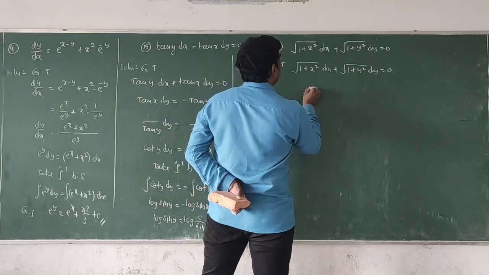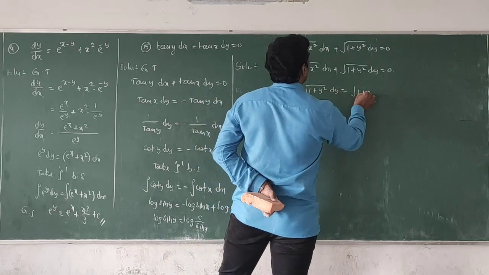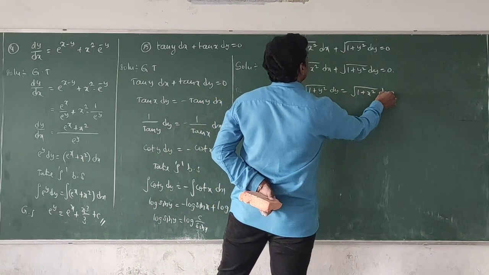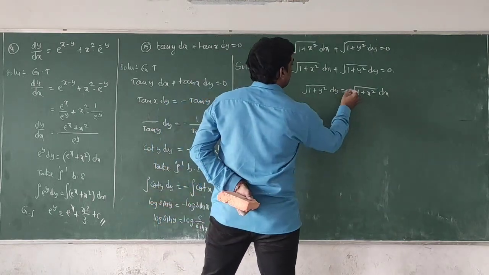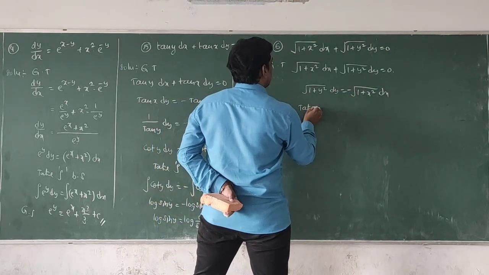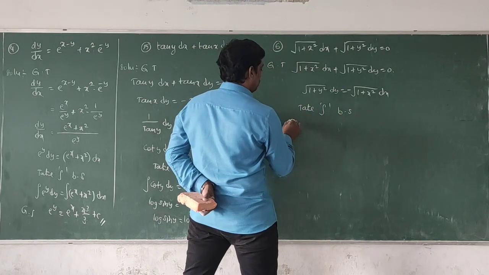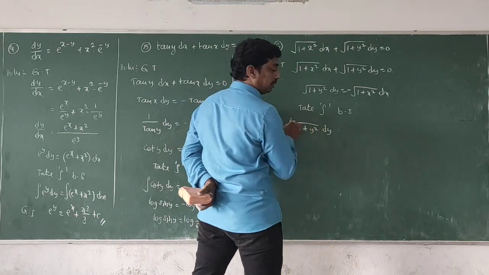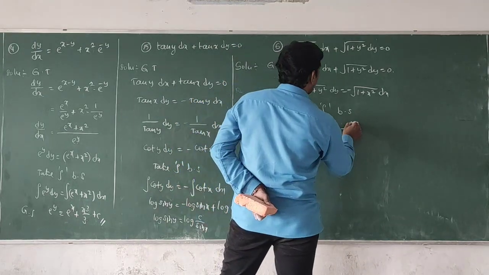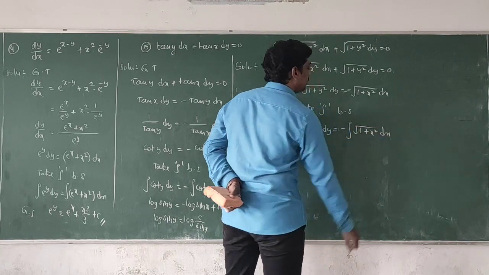Then we get square root of 1 plus y square into dy equals minus square root of 1 plus x square into dx. Take integration both sides. Integration of square root of 1 plus y square into dy equals minus integration of square root of 1 plus x square into dx.